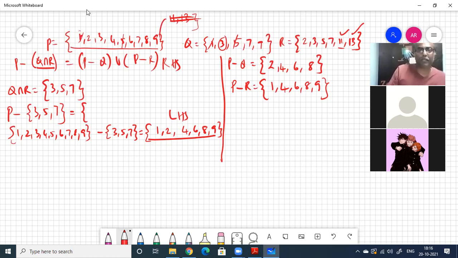That is why 1 is uniquely present, so you put 1. 2 is found here, so you cancel 2. 3 is also found, you cancel 3. 8 is not found, so you add 8. 9 is not found, so you add 9. Afterwards, nothing is there. Where are 11 and 13 coming from? They should not come, because it is P minus R. When you do R minus P, then you can talk about 11 and 13.